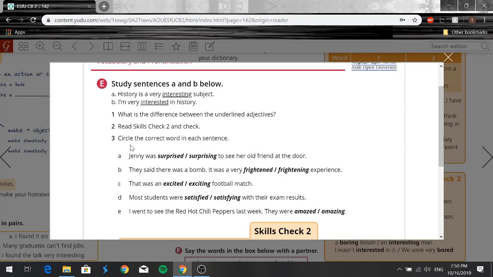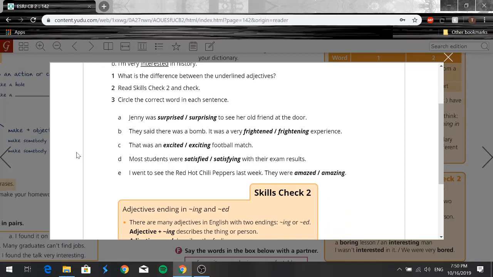What else? Read skills check 2 and, right, let me open it one more time because what do we have? Circle the correct word in each sentence. Okay, so A, we have Jenny was surprised or surprising to see her old friend at the door. Yes, we'll say surprised, ed. We're expressing a feeling. B, they said there was a bomb. It was a very frightening or frightened experience. We'll say frightening experience. That was an exciting match.